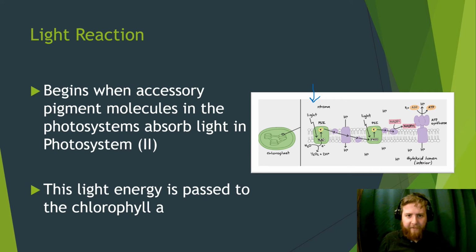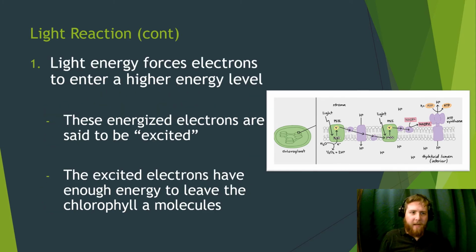Inside of this photosystem, the energy is passed to chlorophyll A. Now, this light energy is forcing these electrons to enter a higher energy state. They're now excited, and they will leave photosystem 2 and go down here to photosystem 1.